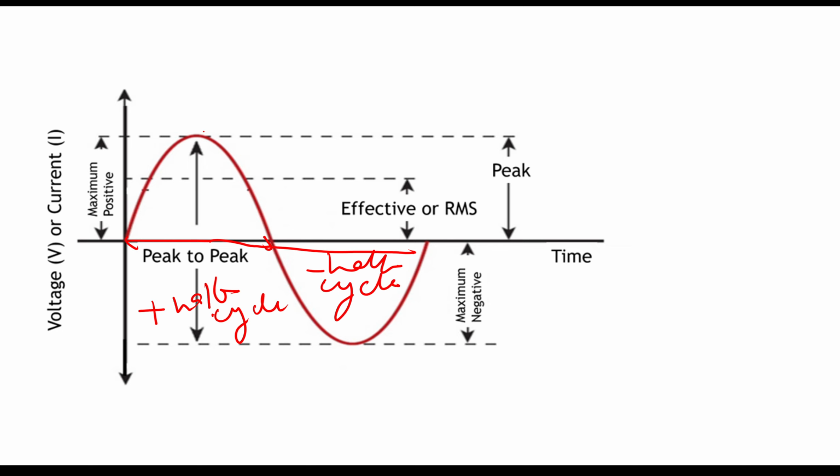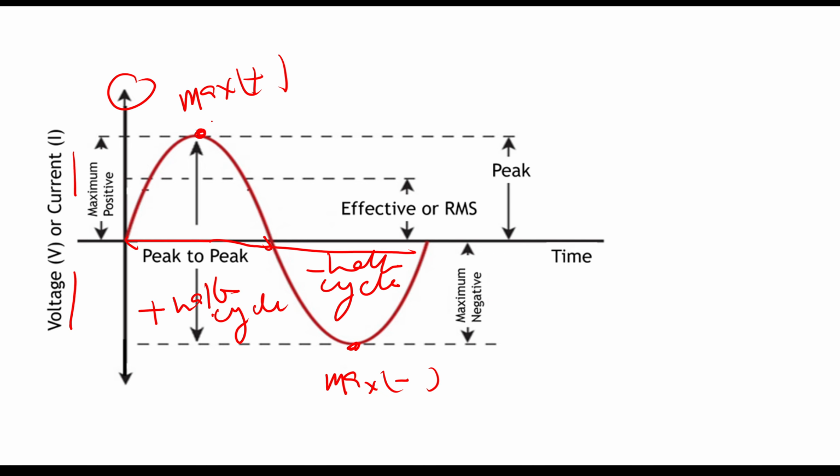On the y-axis, as I told you, sometimes we take the voltage, sometimes the current, sometimes both. This is the maximum point in the positive side, and this is also the maximum point in the negative side.